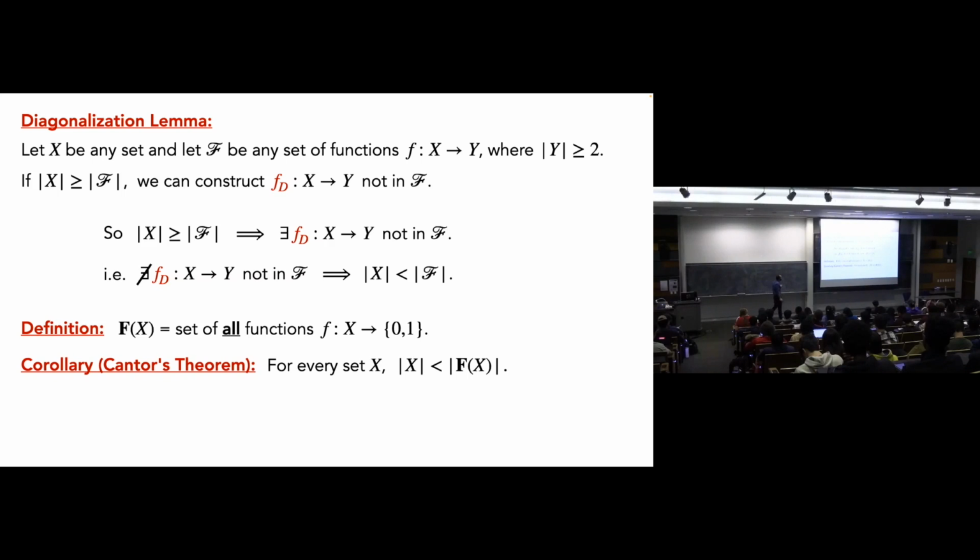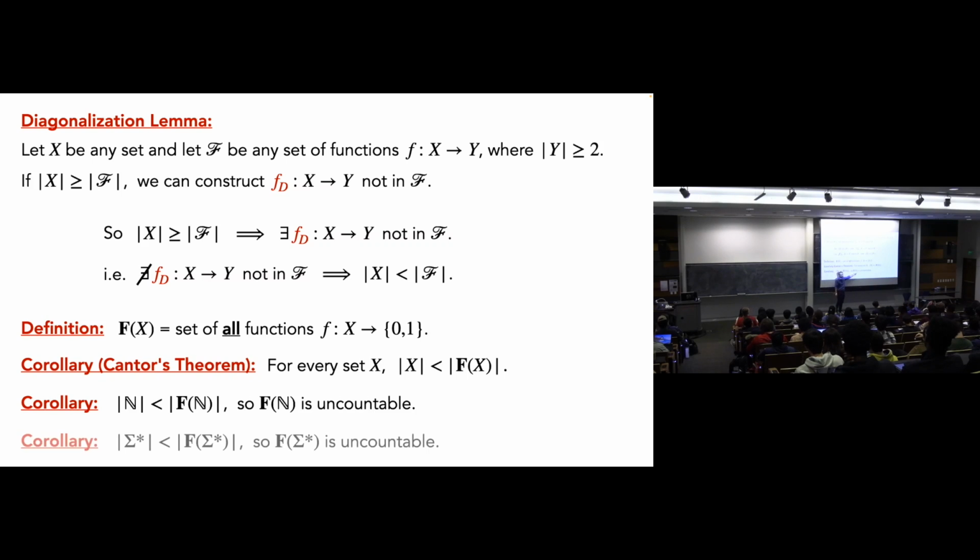And now we can have a corollary to the corollary. We can plug in different sets for x and see what we get. So let's take x equals the naturals. The corollary to the corollary is that the size of the naturals is strictly less than the size of f of n, the set of all functions from n to 0, 1. And by definition, this means that f of n is uncountable. This is the definition of uncountability.